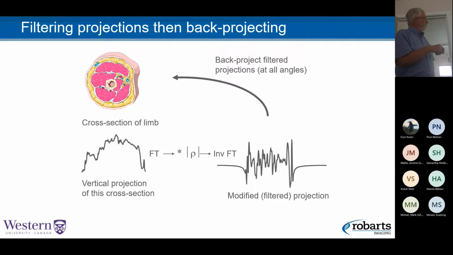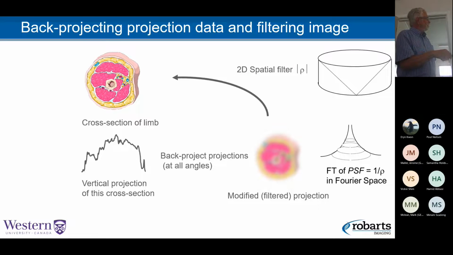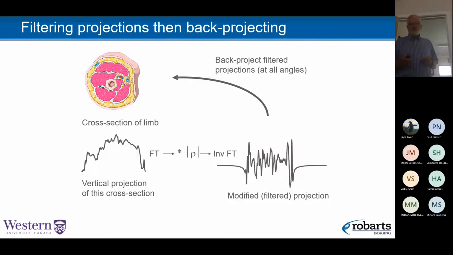But if we spatially filter this image by performing an inverse spatial filtering operation that has in frequency space this mod rho function, which means that we're amplifying the high frequency components, we're attenuating the low frequency components, we'll end up with a procedure that exactly compensates for this blurring function.